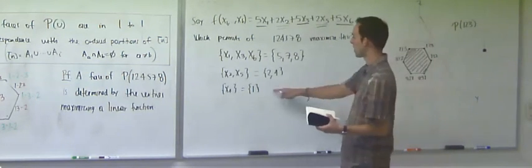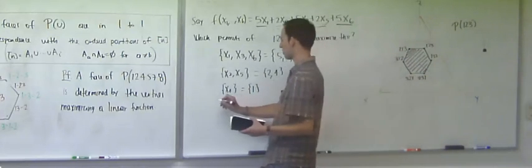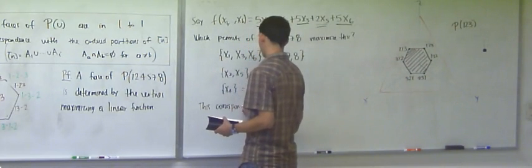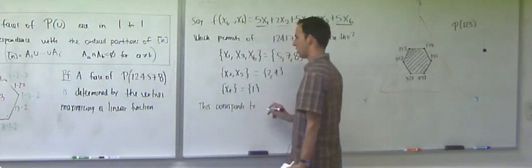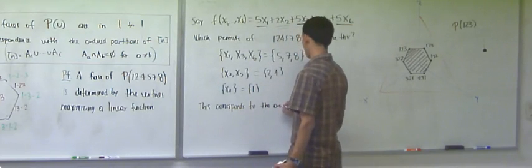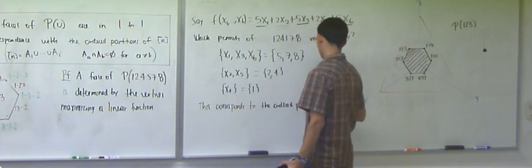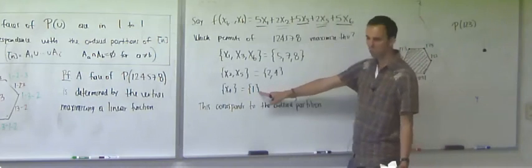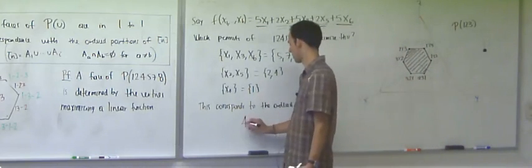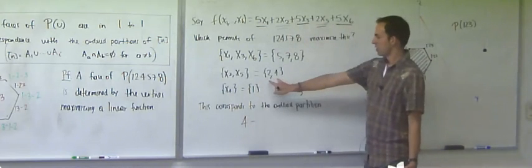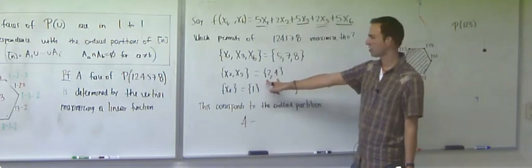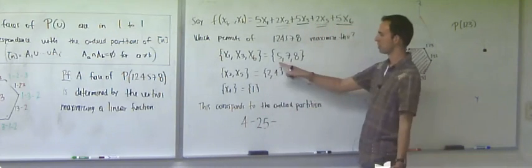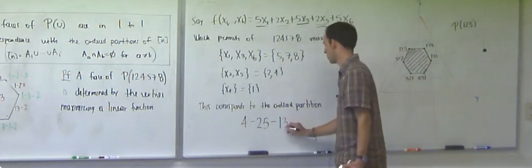So when I do that over here, this corresponds to the ordered partition where the smallest number goes in position 4, then the next 2 biggest numbers go in positions 2 and 5, and then the next 3 biggest numbers go in positions 1, 3, 6.